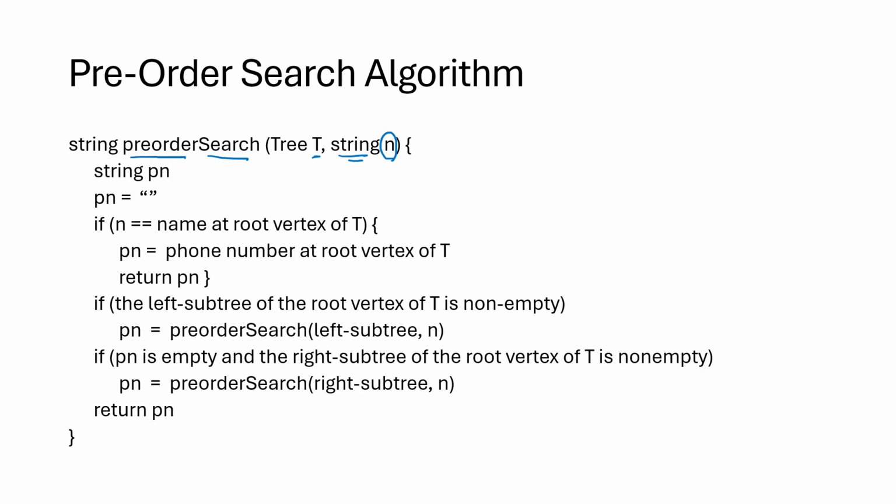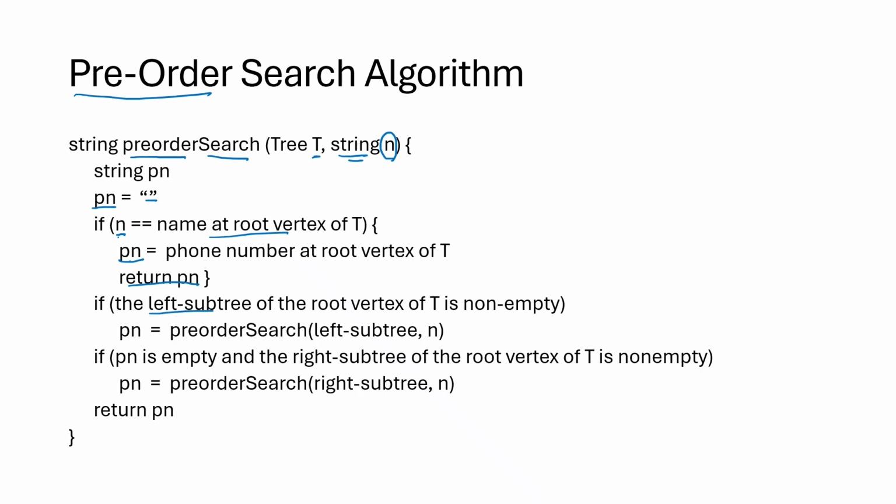So you initialize the phone number to the empty string, then you match, because we are doing pre-order, right? So you first do the root node, which means you match the name that you're looking for with the name at the root. If they do match, then you make the phone number to be the phone number stored at the root and you return it.